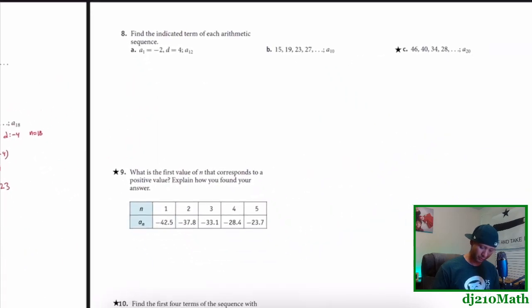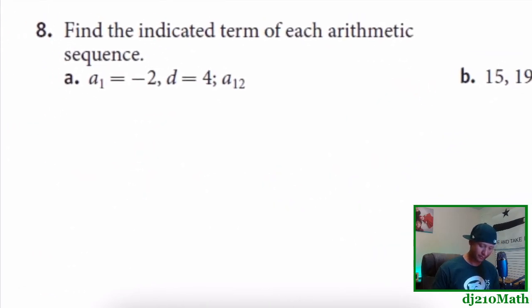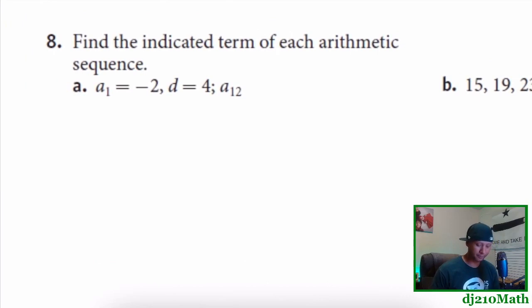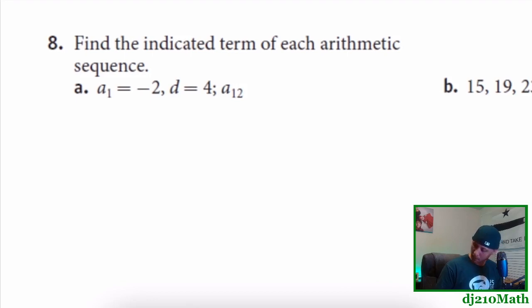So, number 8. Find the indicated term in the arithmetic sequence. Okay, so more of this. So n is equal to 12. We want the 12th number.